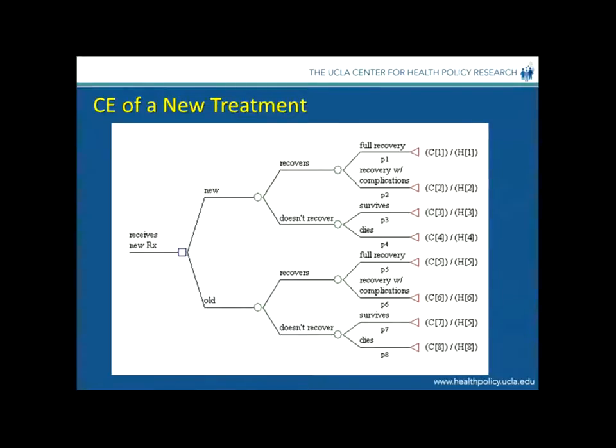And that's true both with the old and the new. And so basically what you hope is that your new treatment has more people falling into the full recovery category than previously. And for people who don't fully recover, it's not clear that you're necessarily going to have better outcomes there, but you hope that P3 is higher than P7.